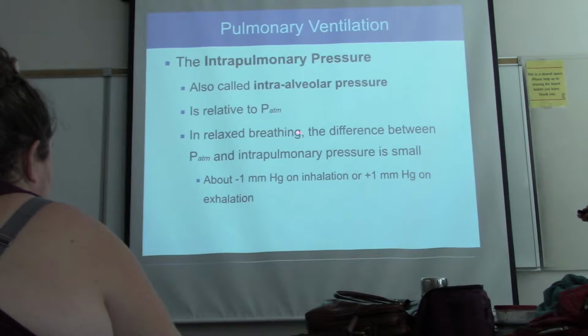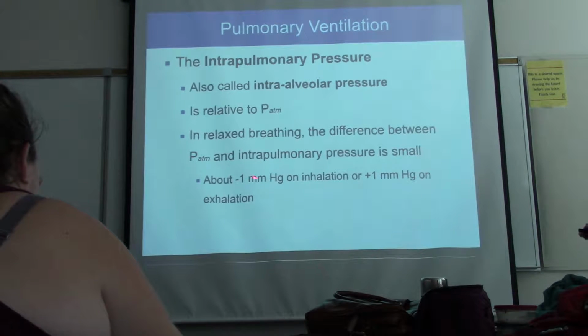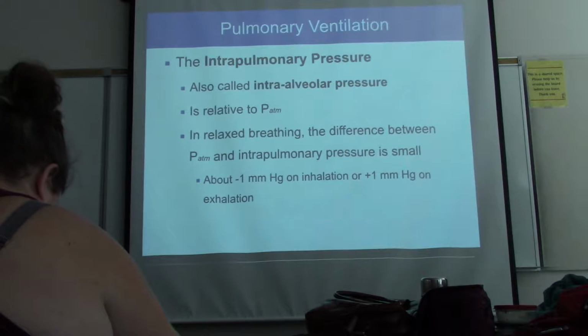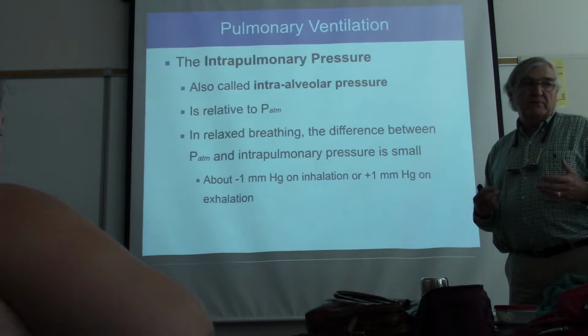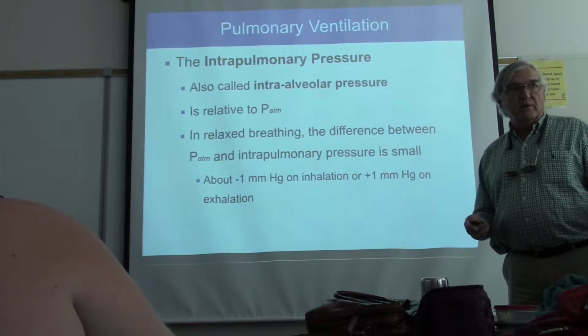So in relaxed breathing, the difference between the atmospheric pressure outside and the intrapulmonary pressure inside is very small, only about -1 millimeter on inhalation and maybe +1 millimeter on exhalation. So it does not take much effort and pressure change in order to breathe air in and breathe air out.